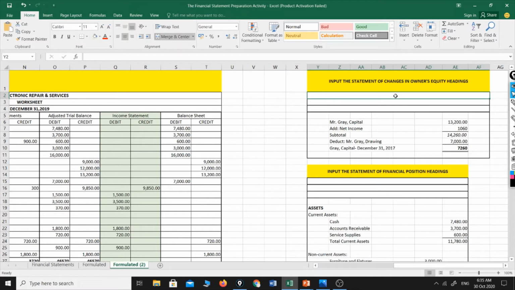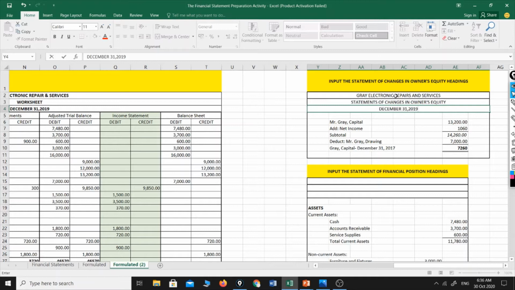The first thing that we need to make is the heading, that is Gray Electronic Repairs and Services. Next is, of course, what statement is this? Statement of changes in owner's equity. And then, what date? So let's just put here December 31, 2018.